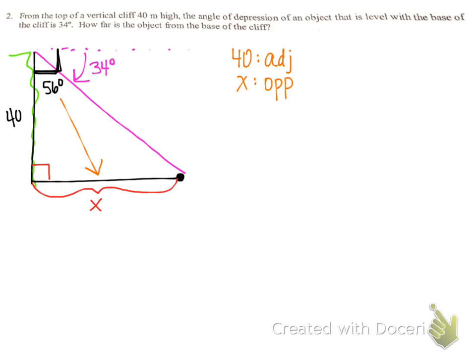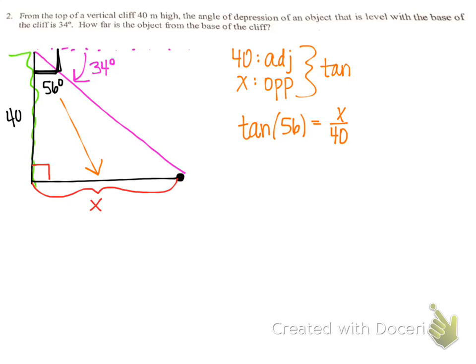So then we've got to determine which trig ratio relates opposite and adjacent. That is tangent. So let's set it up. Tangent of our angle, and we're talking about the angle that we're using inside of the triangle, which is 56 degrees, tangent of 56 is equal to opposite over adjacent, so that's x over 40.